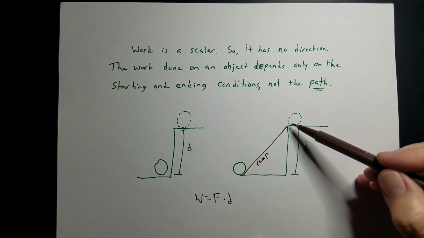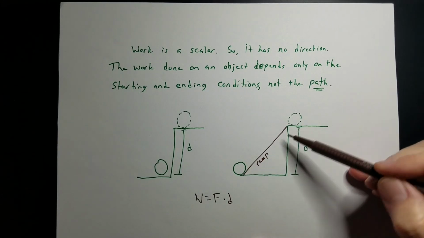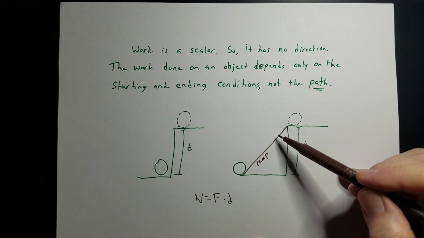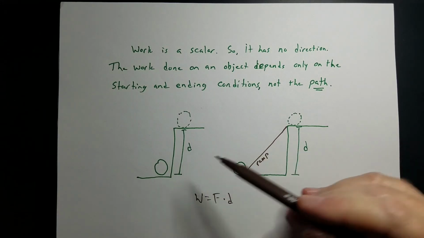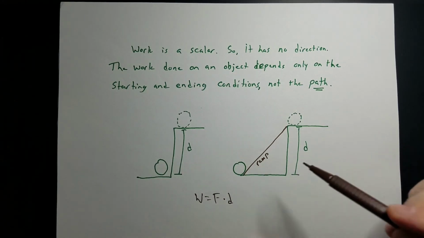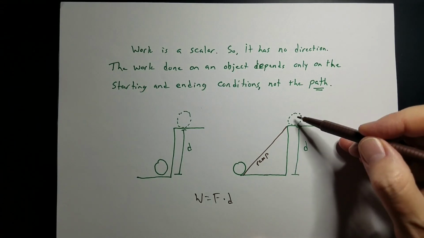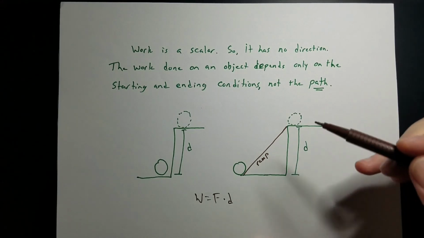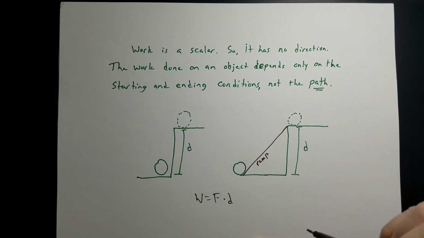On this one, you've gone a longer distance because you've gone up this ramp, not straight up, but along the ramp, but you didn't have to lift the entire weight of the barrel. It turns out those counteract each other, and you do the same work in either case. Because again, it doesn't matter about the path, just from where you started to where you ended. Both of them started on the ground, both of them ended up on the table, so in both instances, you do the exact same amount of work.